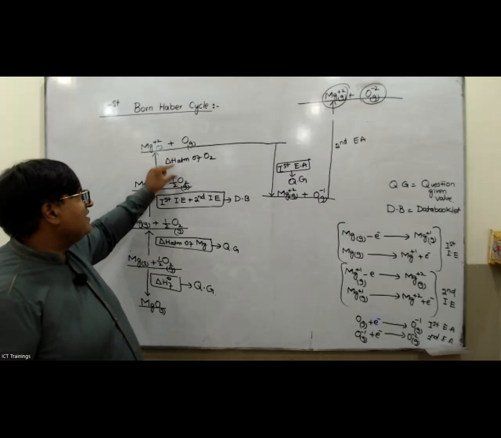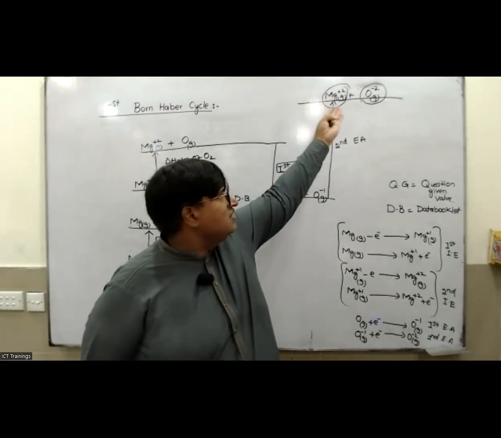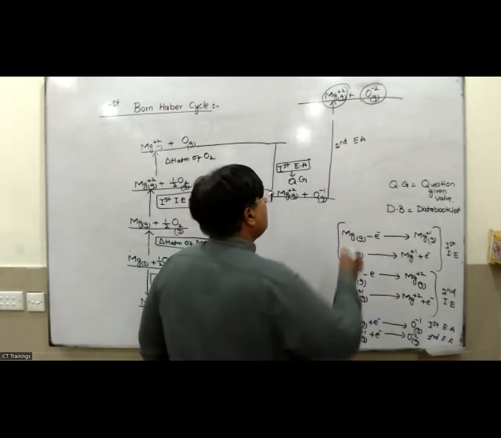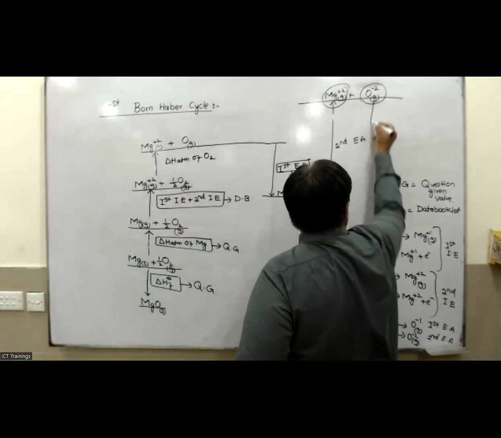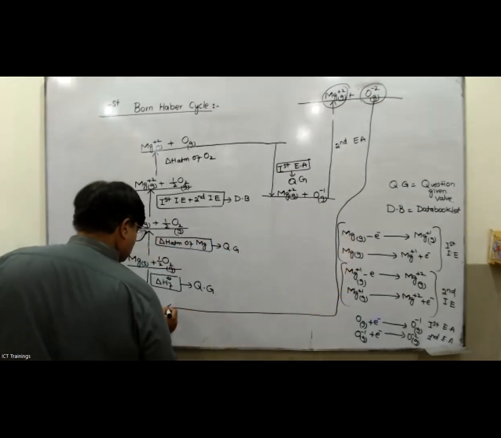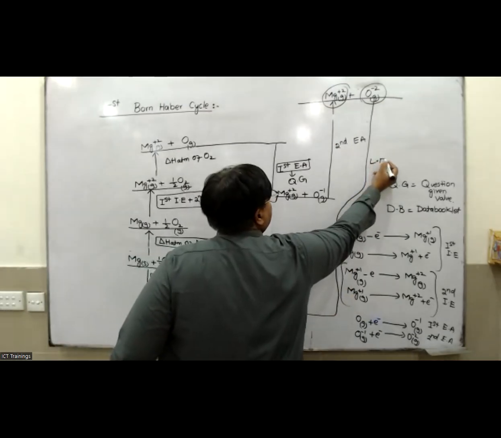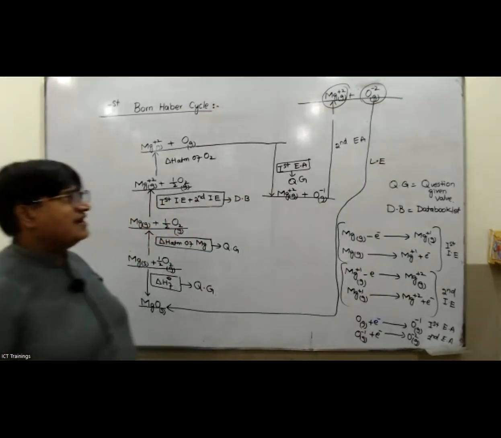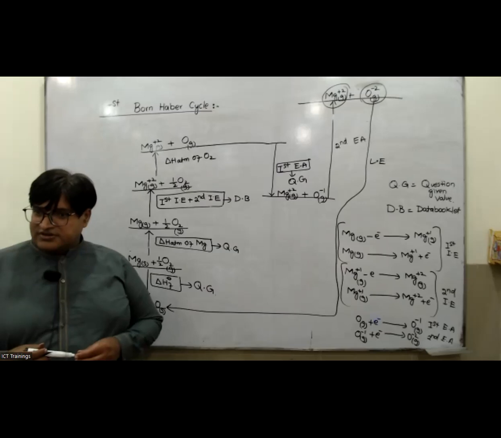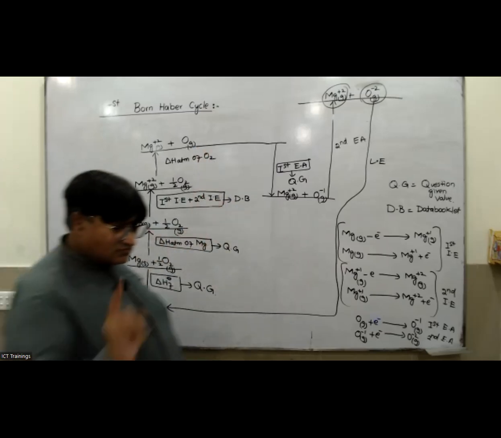Then the second element: its atomization, then its first and second electron affinity. So these are changed into gaseous ions. Now when these gaseous ions attract each other, they form this ionic compound, and this whole thing is called the lattice energy. Did you get it? So this whole cycle has been formed.